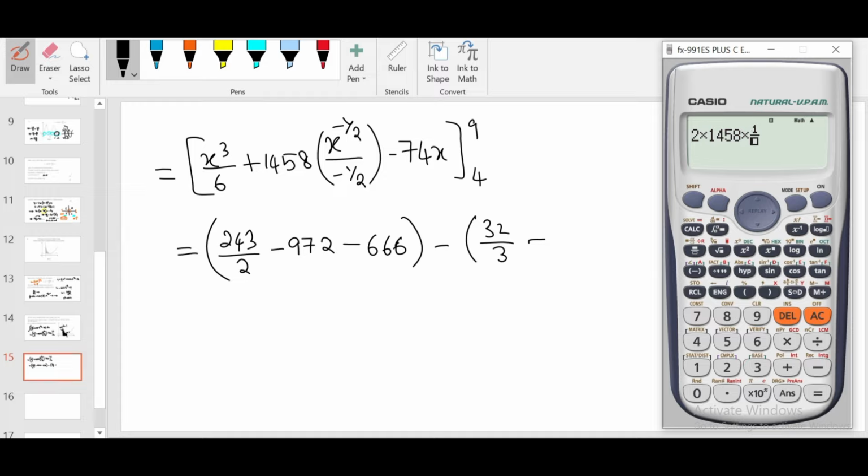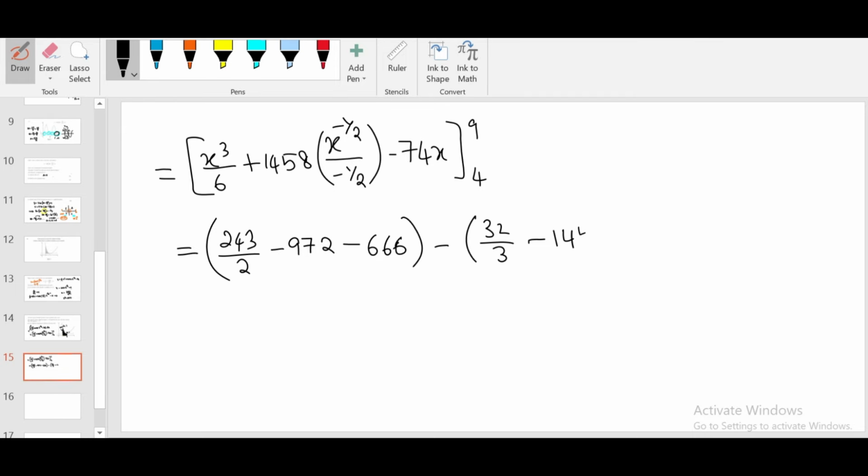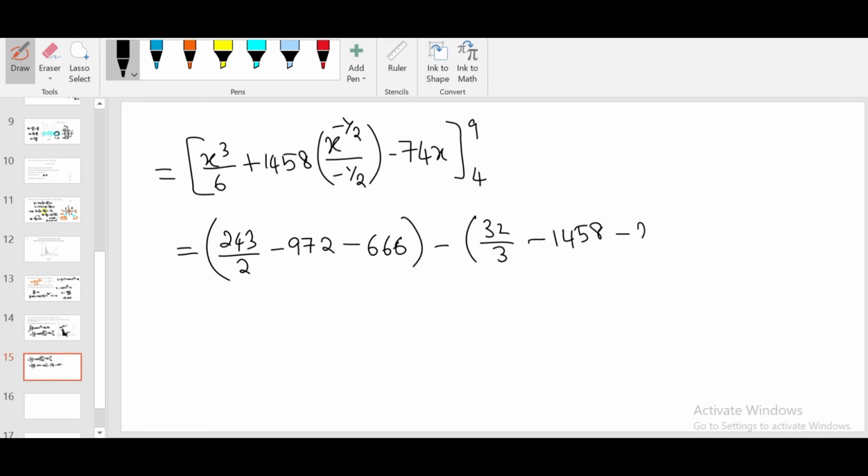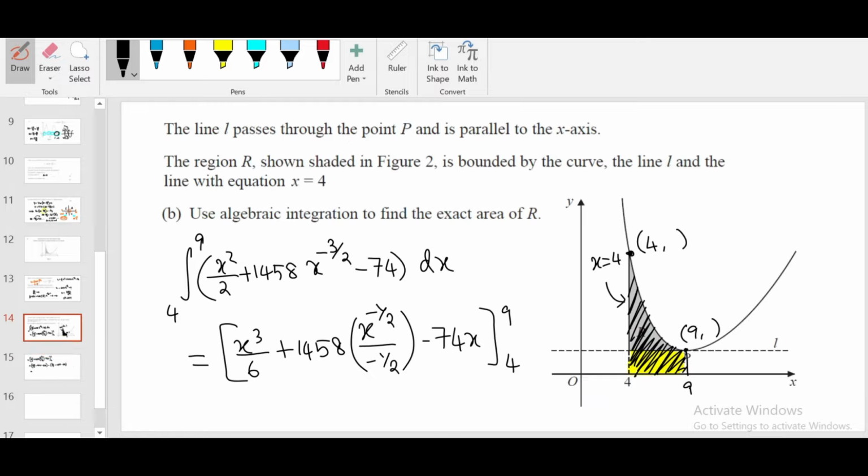Replace x by 4, 4 power half is 2, so we'll get 1458, minus 74 times 4, it's 296. We need to carefully simplify this and find the area, and then go back to the figure.